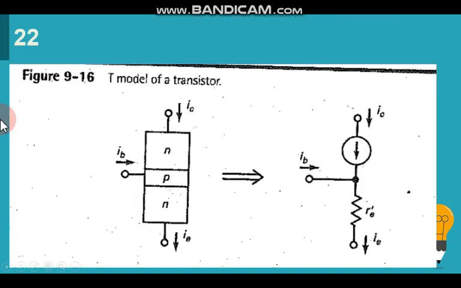So see how the T model is represented. The emitter diode is represented as RE dash, and the output collector diode is represented as a current source.